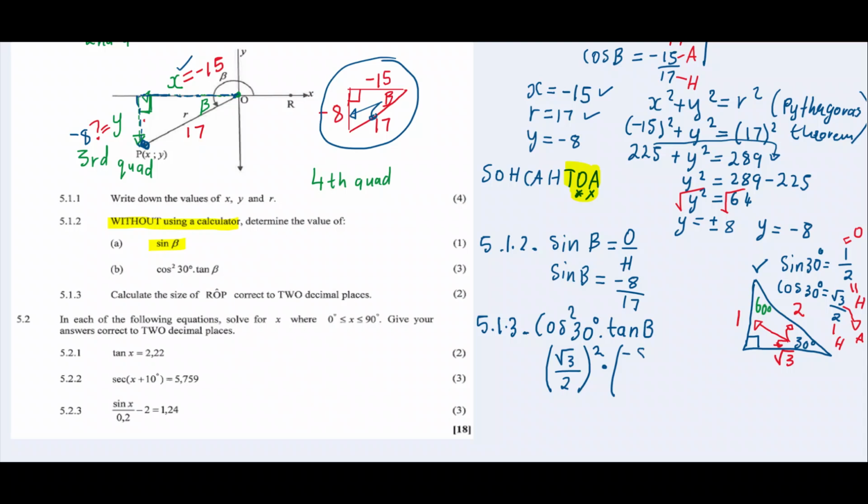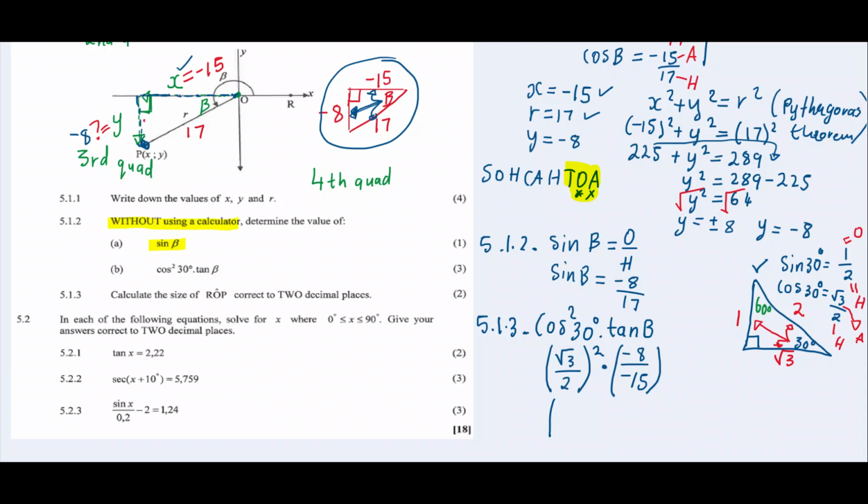So if the tan is opposite over adjacent, it means that it's going to be -8, which is the opposite side from the beta, and the adjacent side, the one next to it, is -15, right?